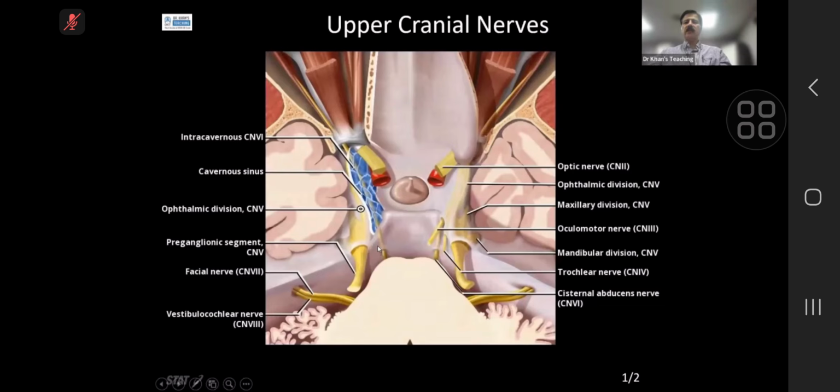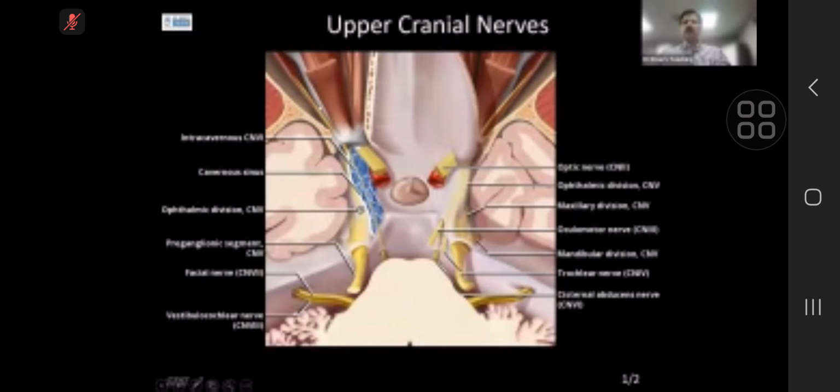It can affect this nerve, which is the sixth nerve. The sixth nerve passes into the cavernous sinus, and then it supplies this extraocular muscle, lateral rectus. So the patient will present with palsy of this lateral rectus.